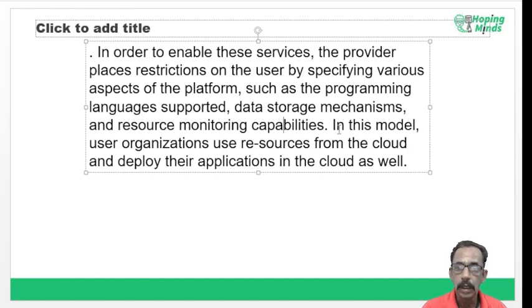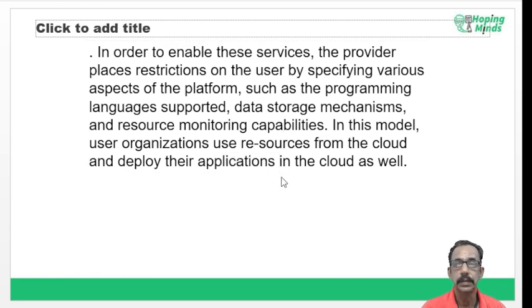So in this model, the user organizes, uses resources from the cloud and deploys their application in the cloud as well. In the ready platform, you just start working on your application.